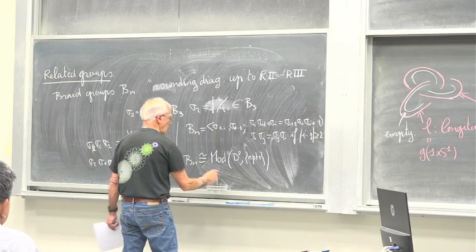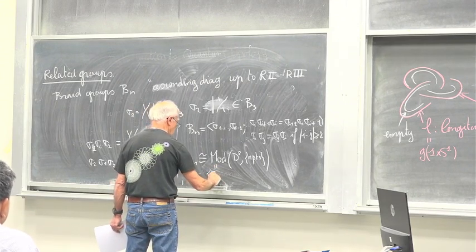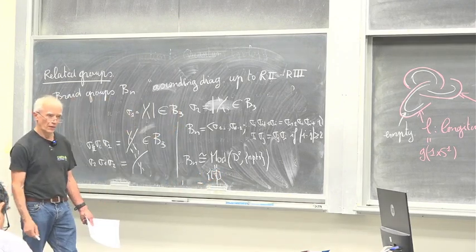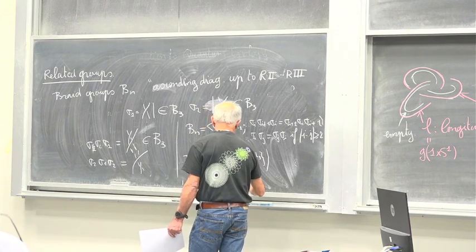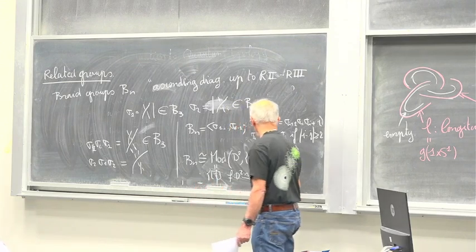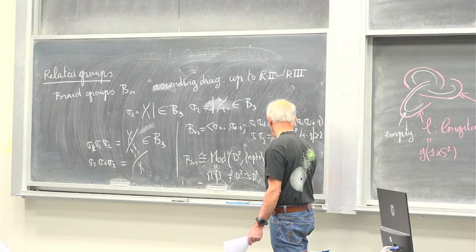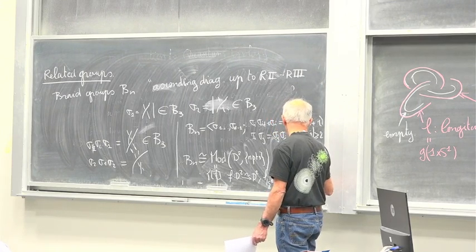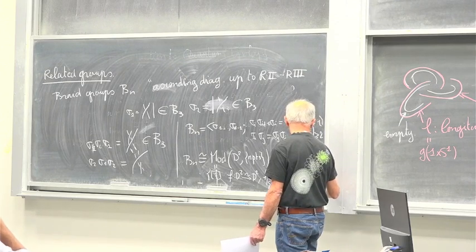Here, I take isotopic classes of maps F from D2 to D2, the identity on the boundary, and F of the set of points equals the set of points.